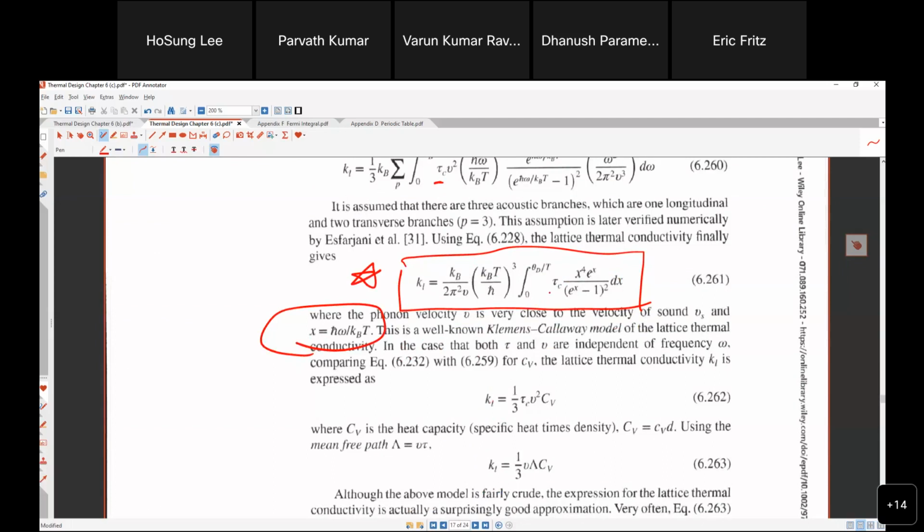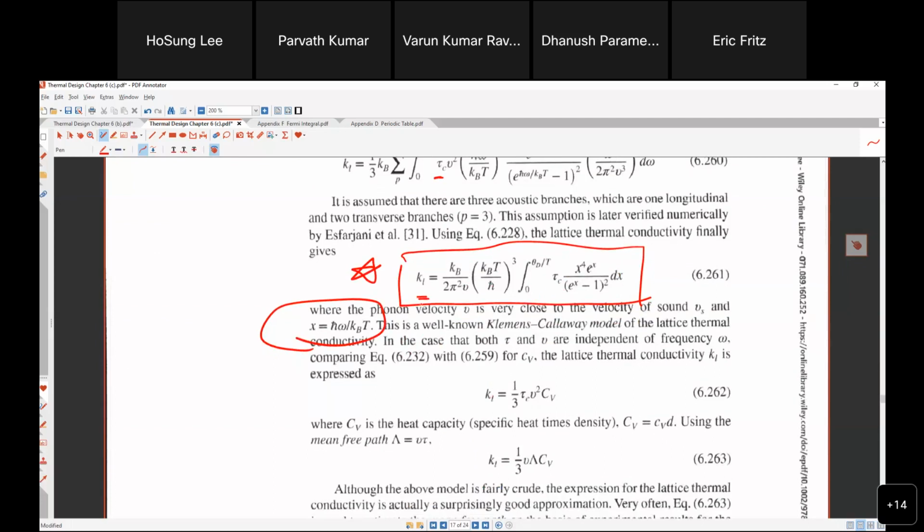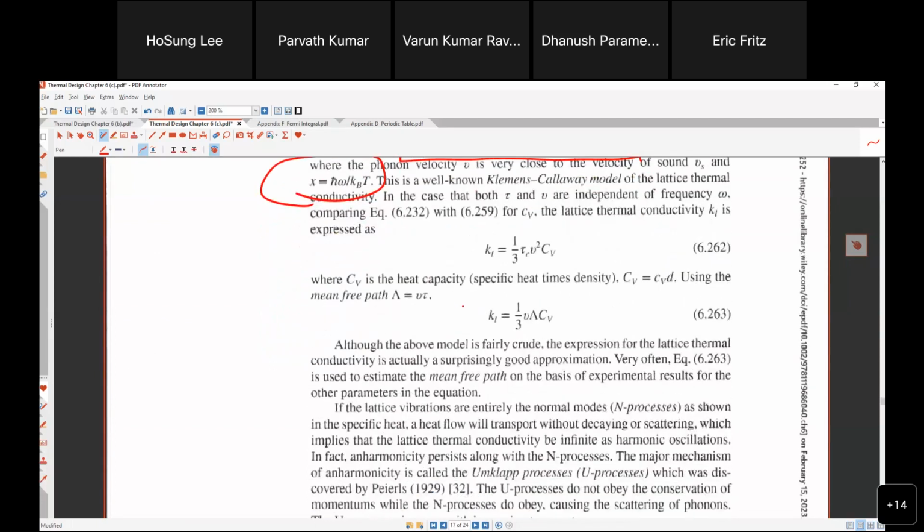Again, the integral you can use a table, and then you can calculate this. And then turns out this is very important. Very important lattice thermal conductivity turns out to be 1/3 of velocity, times mean free path, and then Cv, specific heat.